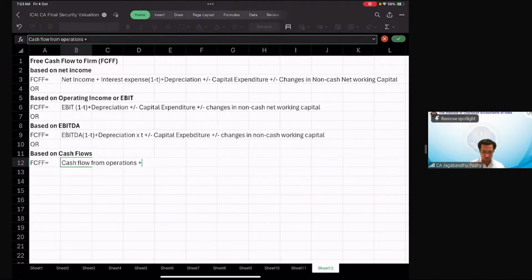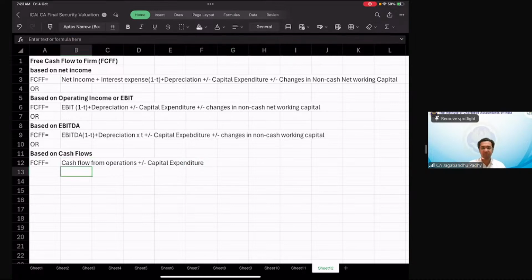So we need to add and subtract the capital expenditure because we are trying to calculate free cash flow for the entire firm together.